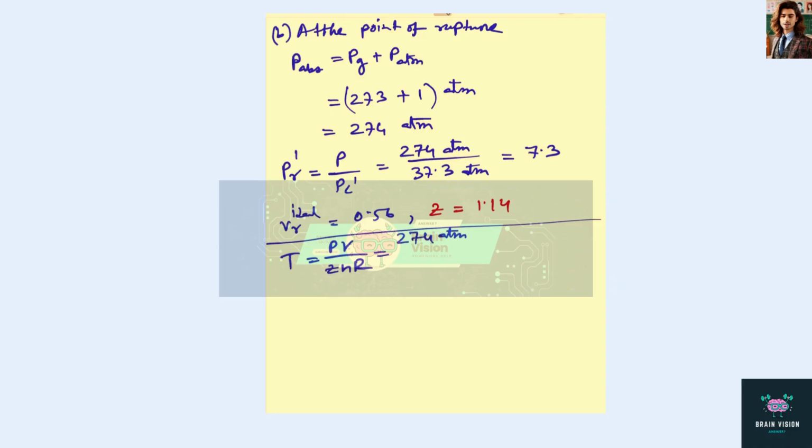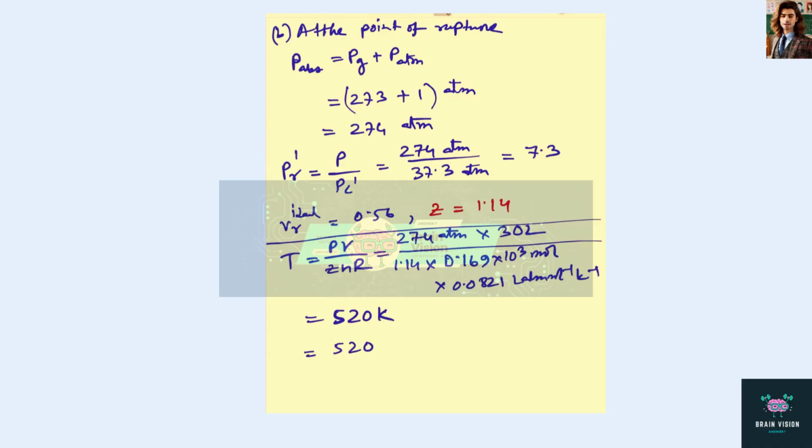Let's insert all these known values: 274 atm multiplied by 30 liter divided by Z factor 1.14 multiplied by the number of moles, which is 0.169 multiplied by 10 cube mole, and the gas constant is 0.0821 liter atm, mole inverse 1, Kelvin inverse 1, and from here we get the temperature as 520 Kelvin.